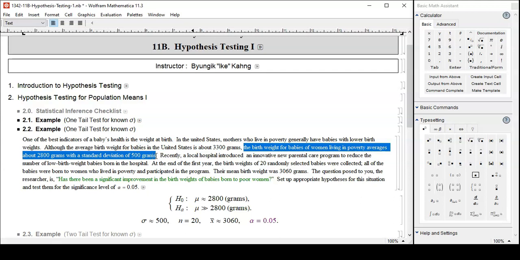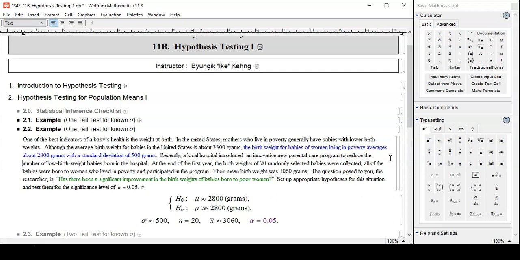The birth weight for the babies of women living in poverty averages about 2,800 grams with a standard deviation of 500 grams. So we get the null value of 2,800. Moreover, we get the standard deviation of 500 grams as sigma, the population standard deviation.